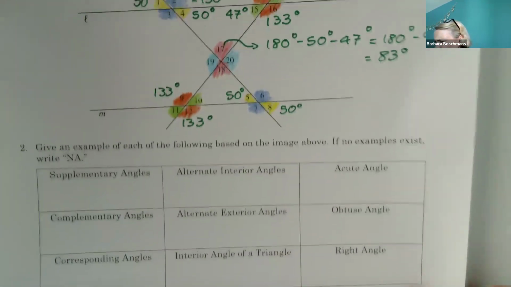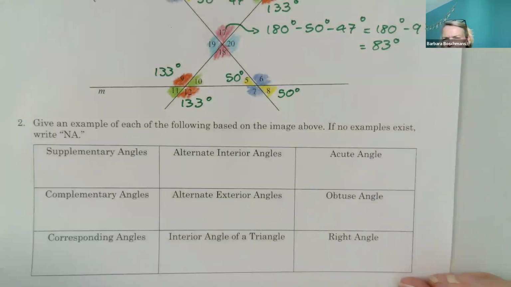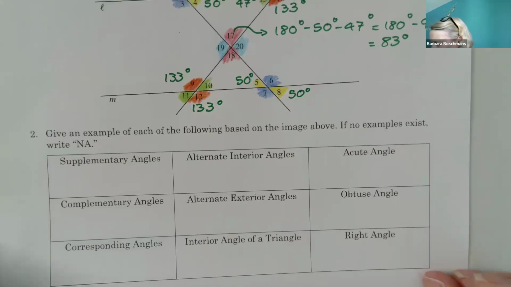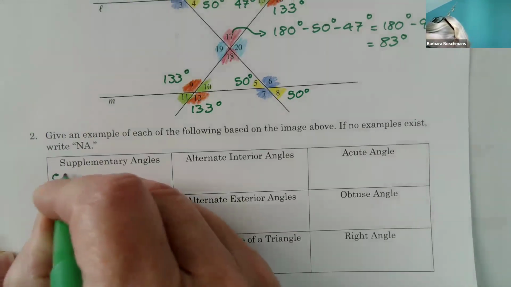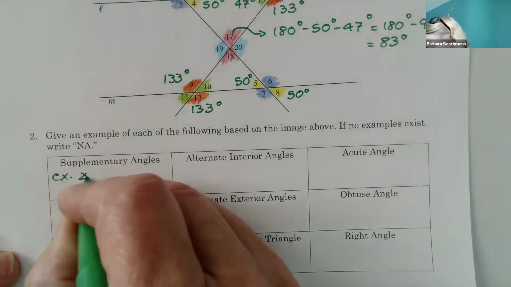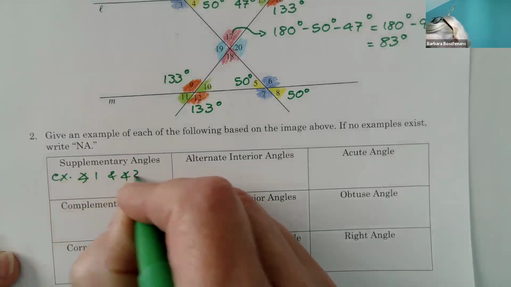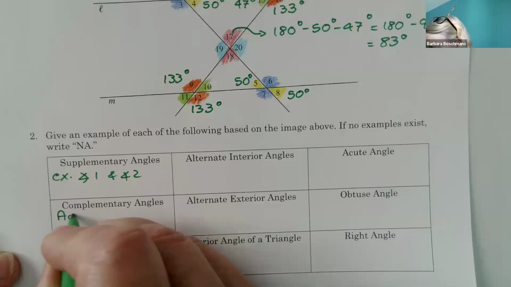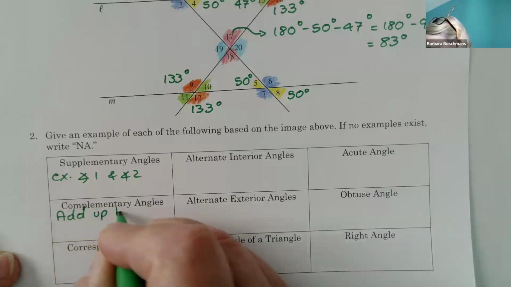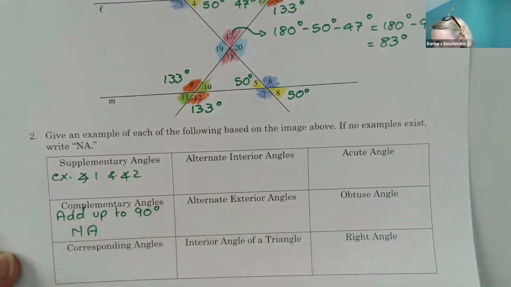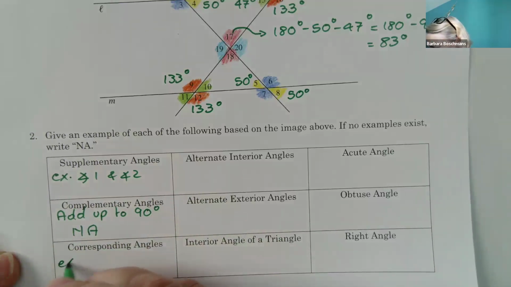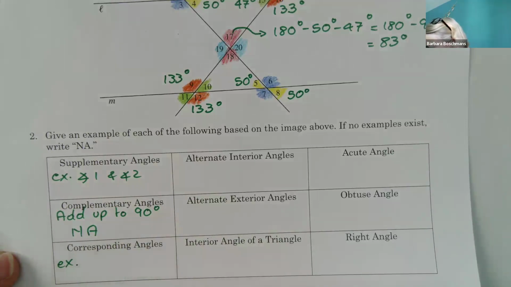Number 2 is asking us to give some more examples. Supplementary angles are angles that add up to 180. So for example, angle 1 and angle 2. Complementary angles add up to 90, and we don't have any. Corresponding angles, again, is anything in the same color.